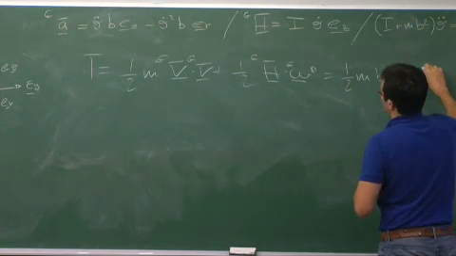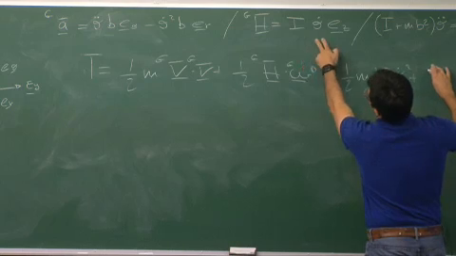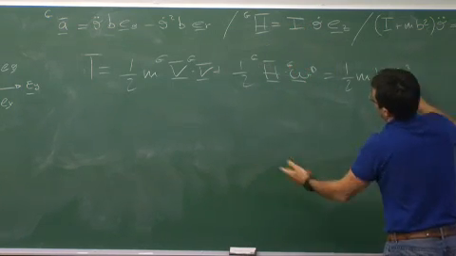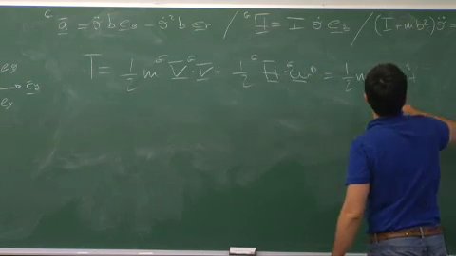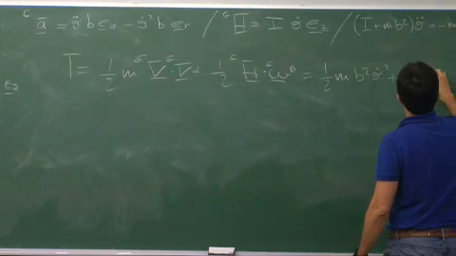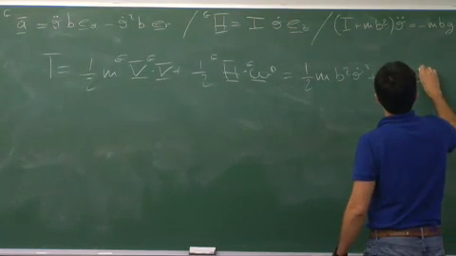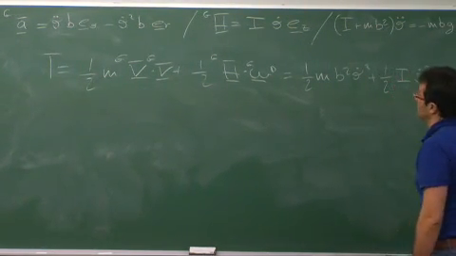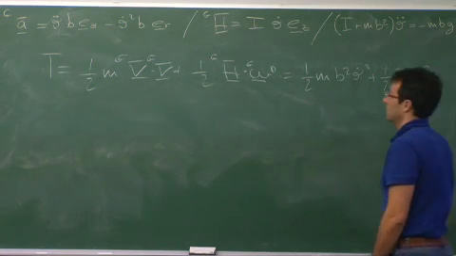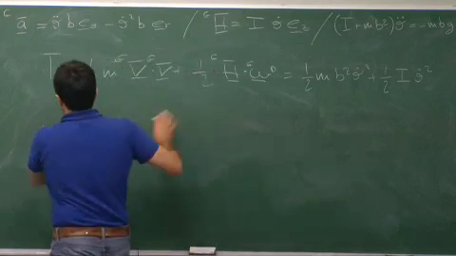Plus I have h bar right here. If I dot it with omega, I get a theta dot squared. So I get a 1 over 2 I theta dot squared. That's it. Yeah, it's pretty sweet. This is a simple problem. And then we'll take the derivatives.